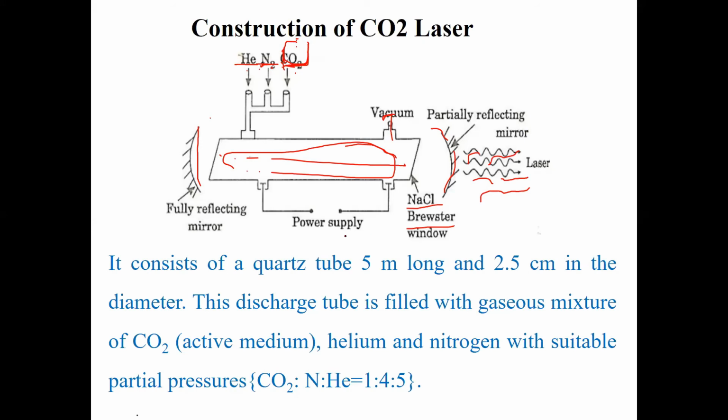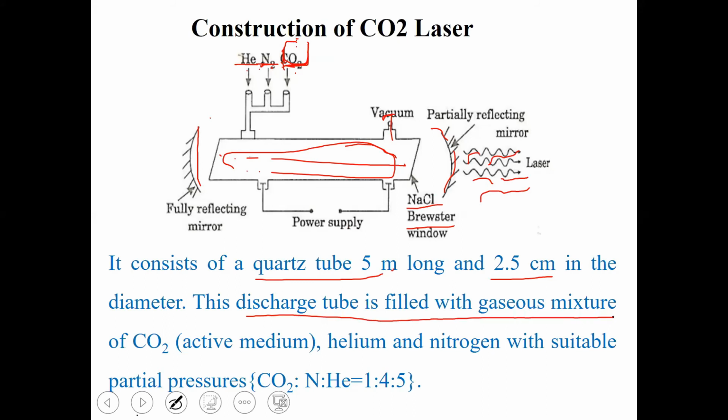It consists of a large tube 5 meters long and 2.5 centimeters in diameter. This discharge tube is filled with a gas mixture. In the helium neon gas laser, the mixture is helium and neon. But in the CO2 laser, it is a mixture of CO2, nitrogen, and helium gas at different pressures, with pressure ratios of 1:4:5.